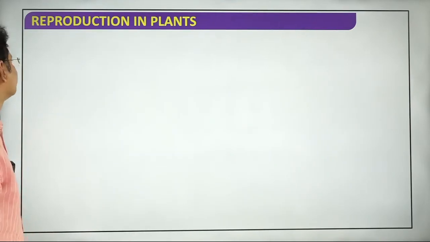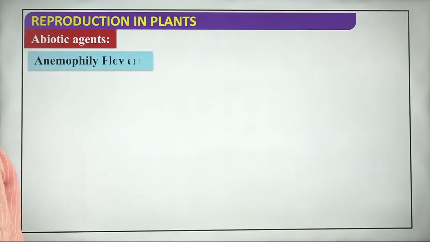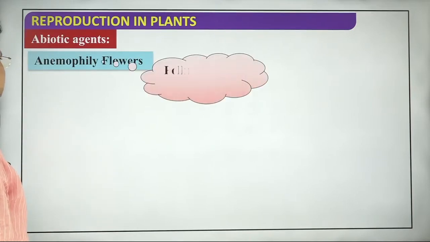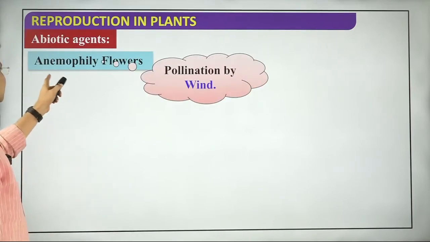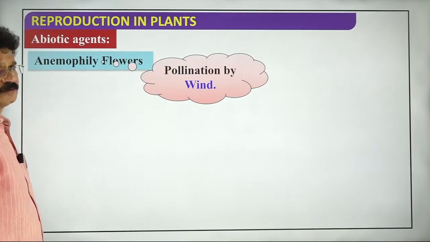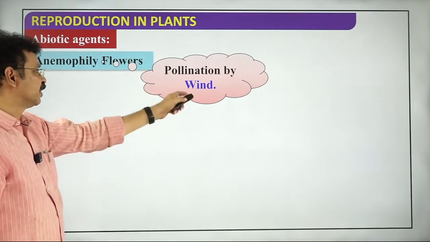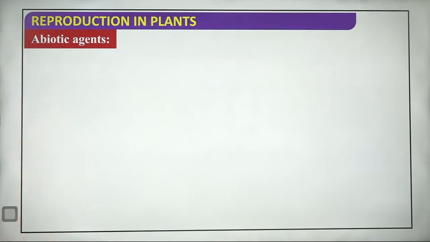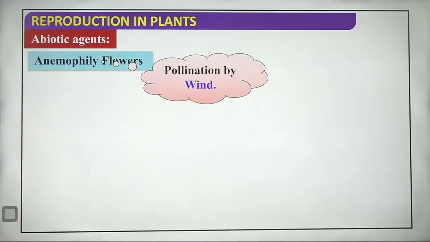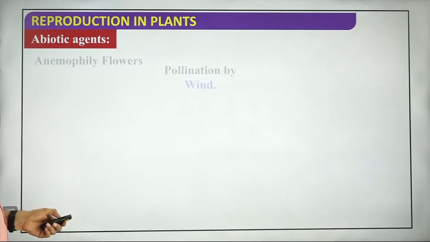Among abiotic agents, if the wind is the agent, it is called anemophily. Pollination by wind is wind pollination, another name for which is anemophily.